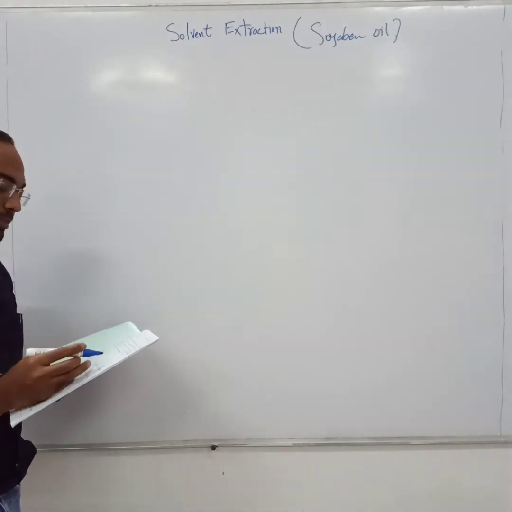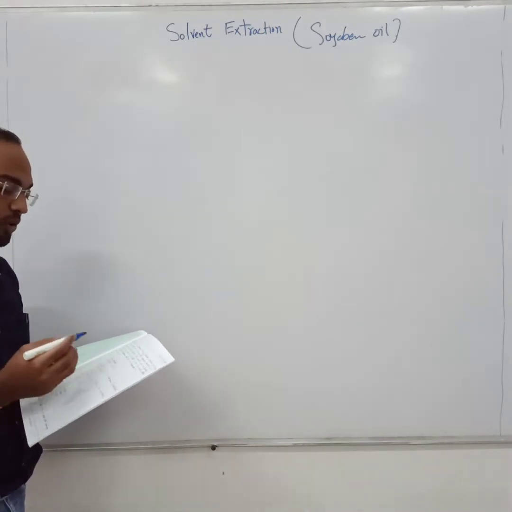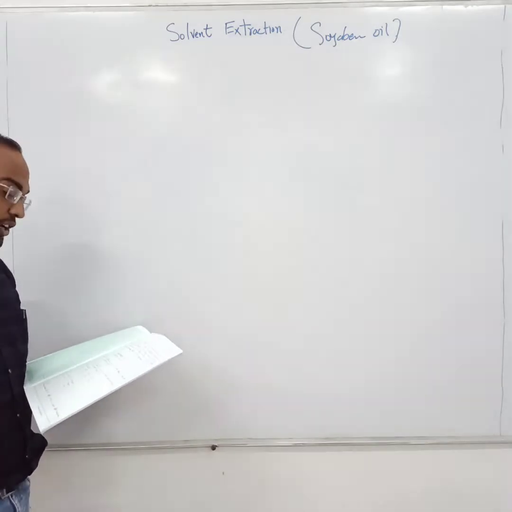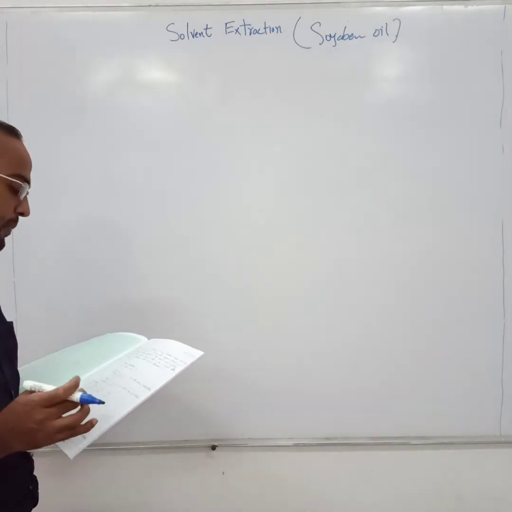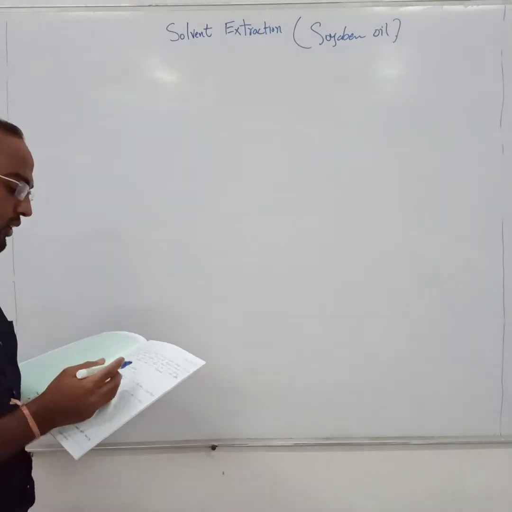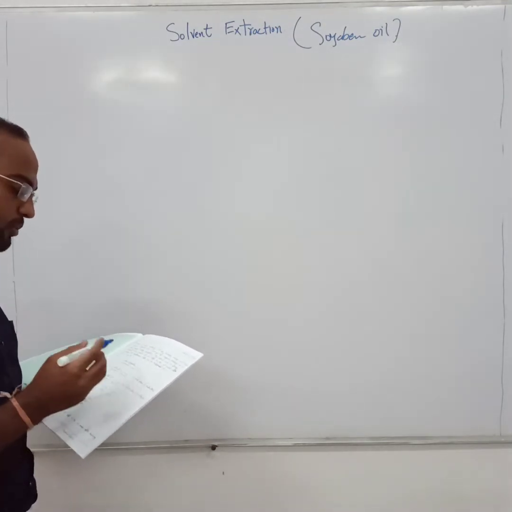The equilibrium data can be expressed as capital N equals minus 4y plus 8. This is the equilibrium equation given, where capital N equals gram insoluble upon gram solvent plus gram oil.